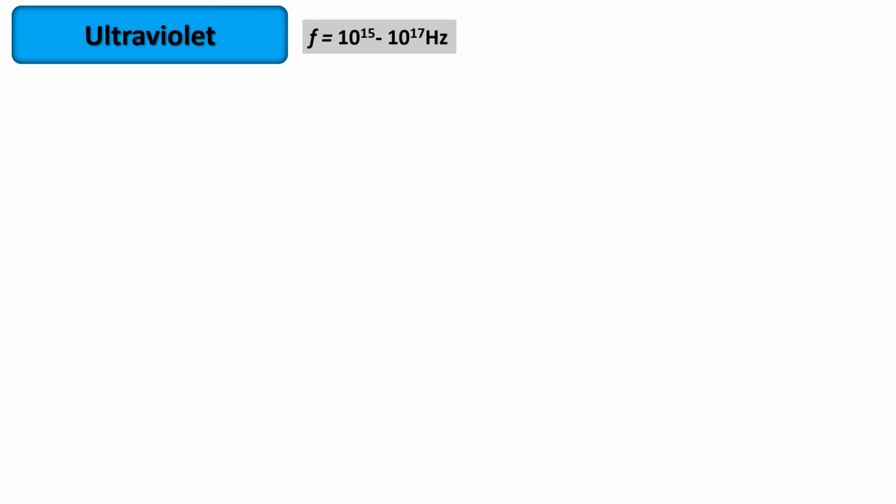Ultraviolet, now the frequency is still higher. So these are in the range of ionizing radiation. So from ultraviolet, ionizing radiation starts. The frequency is increased. That means the energy will increase because energy is directly proportional to frequency. Frequency is 10 to the power 15 to 10 to the power 17 hertz.